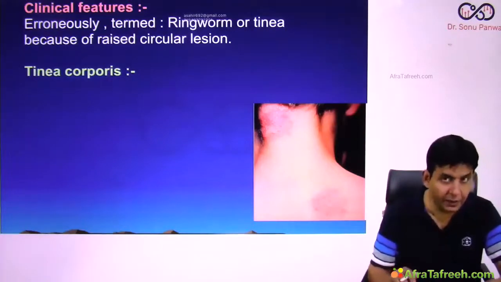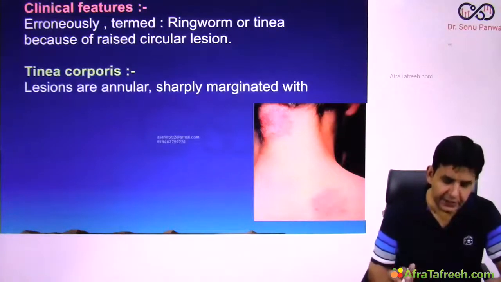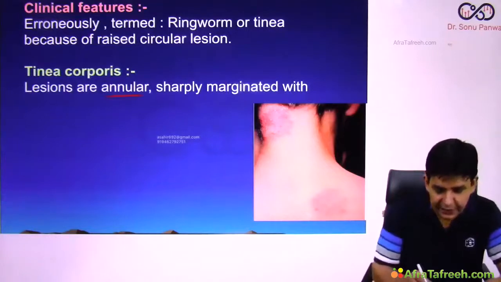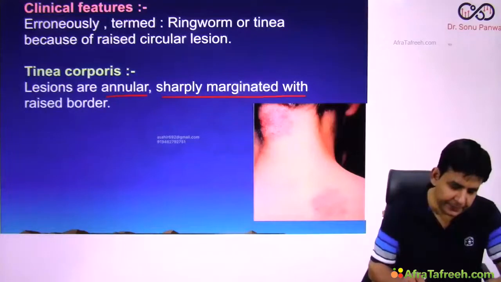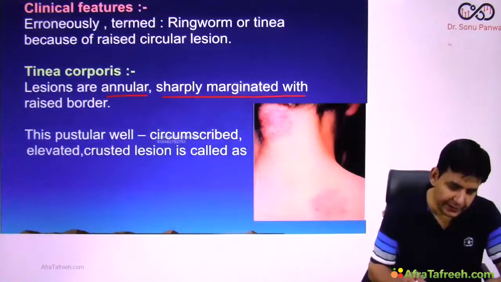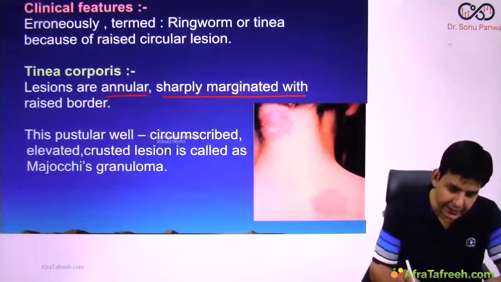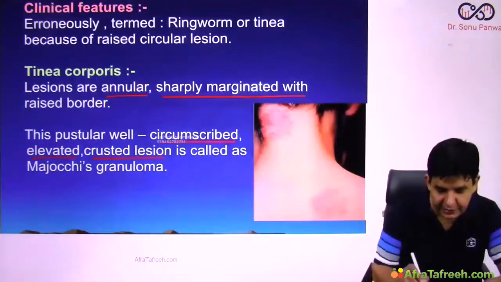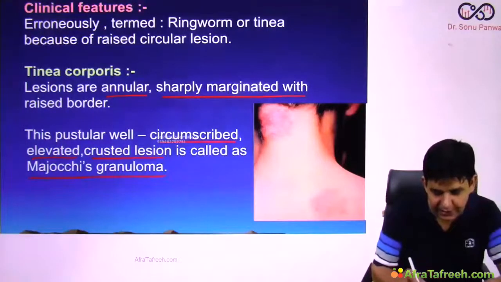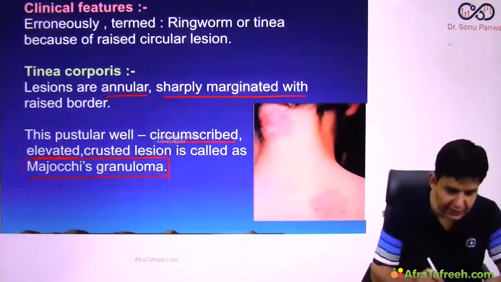The first one is Tinea corporis. The lesions are annular in this particular one. They are sharply marginated with raised borders. And the pustular form is a circumscribed, elevated, crusted lesion, which is also termed Majocchi's granuloma.